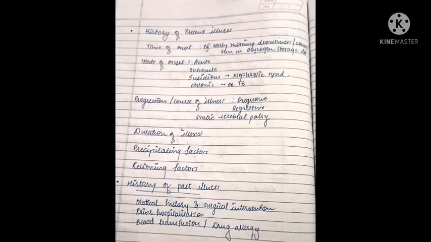Enteric fever lasts more than a week, whereas diarrhea due to rotavirus is of short duration. Precipitating factors: chest pain in cardiac failure is aggravated by exertion, whereas chest pain in pleuritis is aggravated by respiratory movements. Relieving factors: chest pain due to cardiac failure decreases with bed rest. Next, history of past illness.